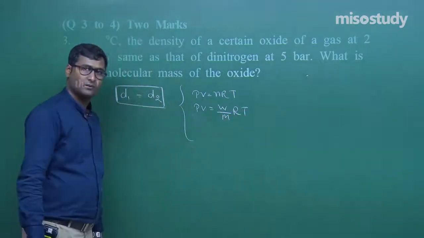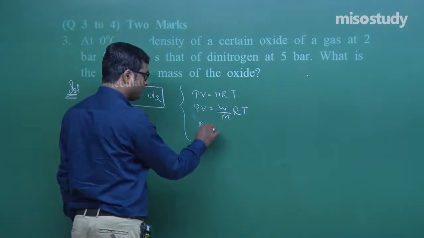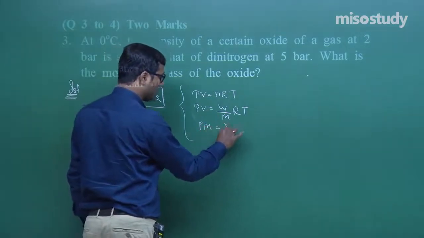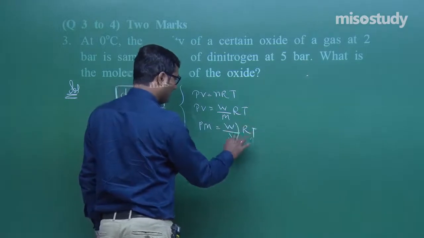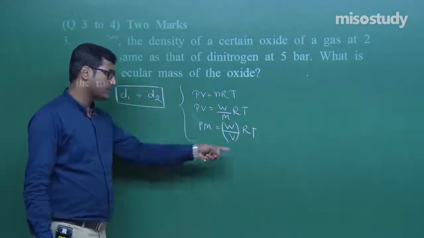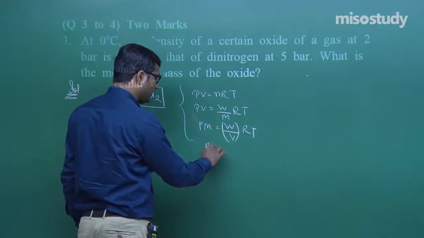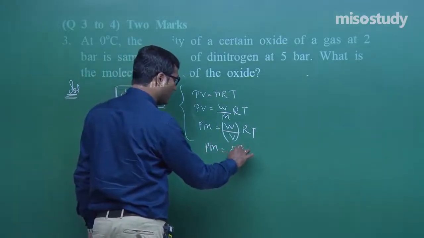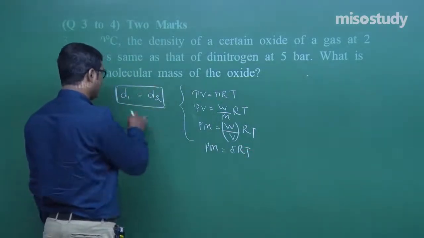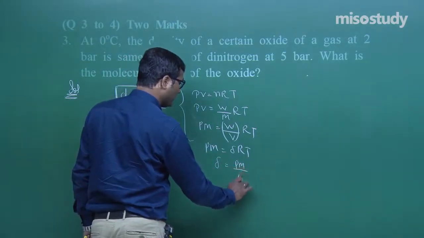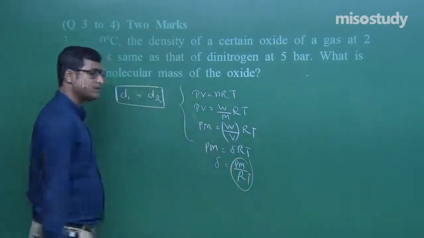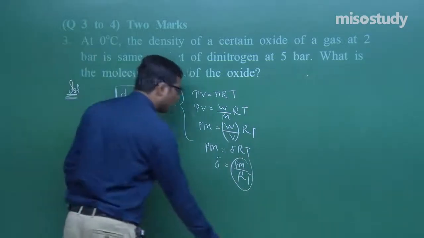Now what will happen? PM is equal to given mass upon volume, RT. As we know, density is equal to mass upon volume. So PM is equal to rho RT, that is rho 1 and rho 2. So rho is equal to PM upon RT. Am I right? Yes, sir. So put this value. What is given here?